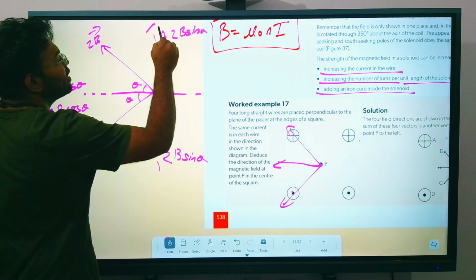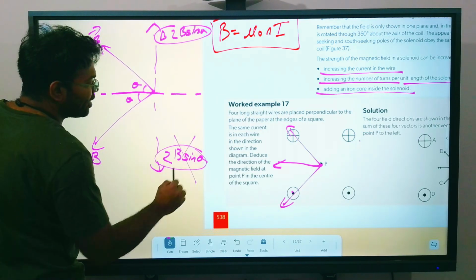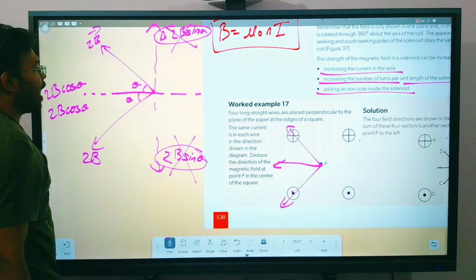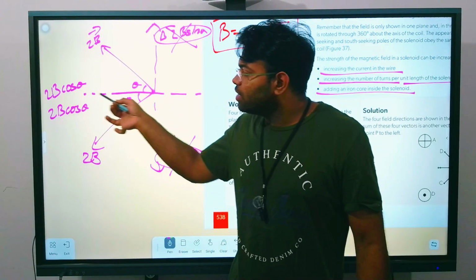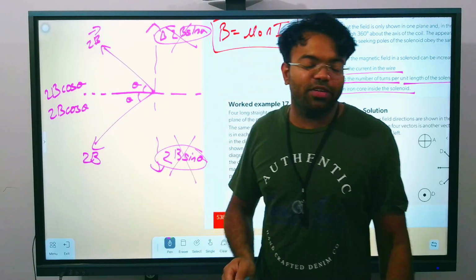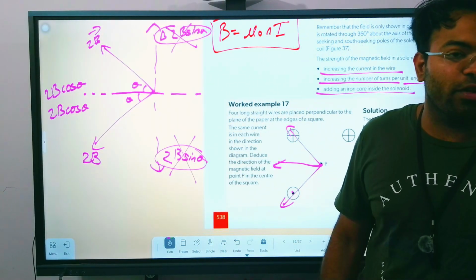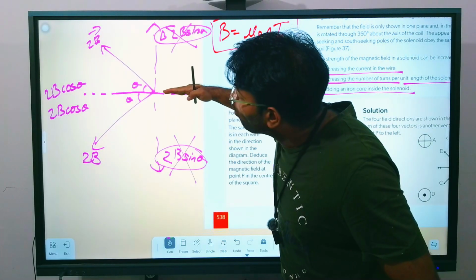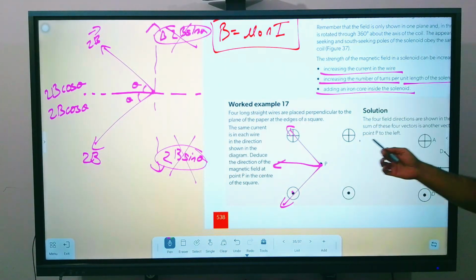So a 2B sin theta in the upward direction and a 2B sin theta in the downward direction will cancel each other out, and you will be left with only one pair of magnetic field lines. The 2B cos theta and the 2B cos theta, which is 4B cos theta, will be in this direction. So you will only have horizontal components left. Therefore, the overall magnetic field will be in this direction. Understood? That's what they have done.